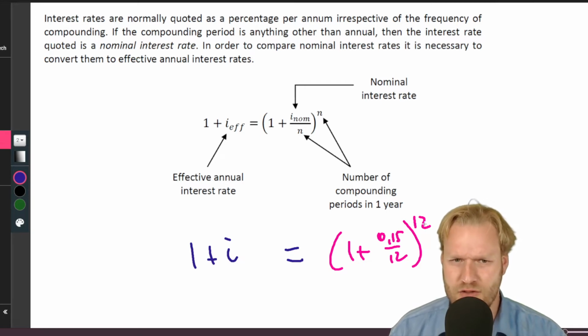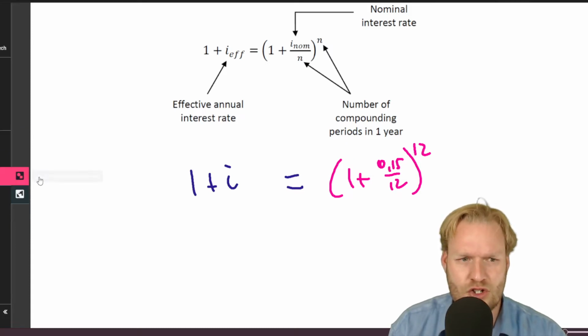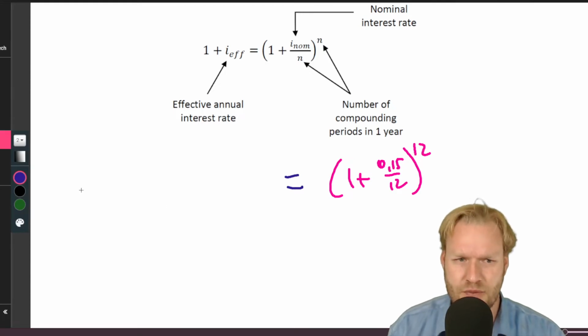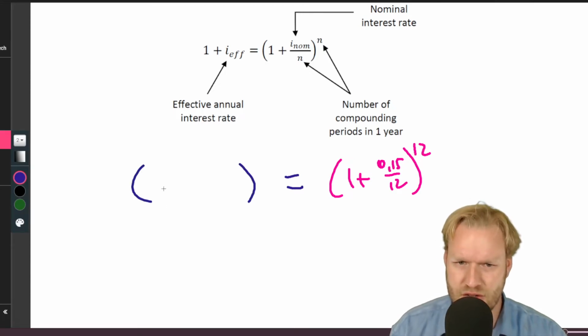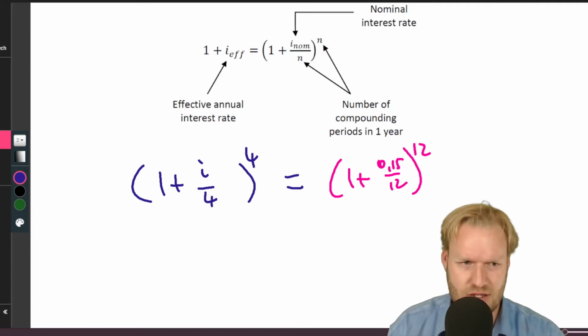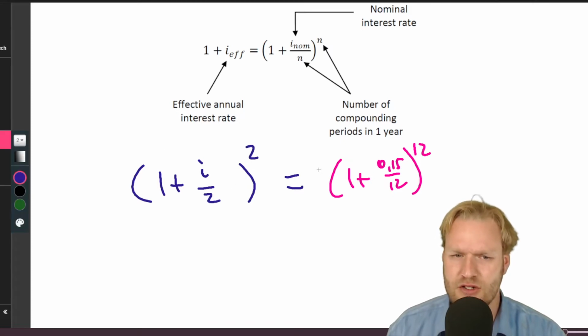15% over 12, to the 12. If you wanted to convert this 15% compounded monthly to an interest rate that were compounded quarterly, the left-hand side of your equation would be 1 plus I over 4, because it's quarterly, to the 4. If you wanted to convert this monthly interest rate to, say, semi-annually, then you go over 2, because it's semi-annually, to the 2.